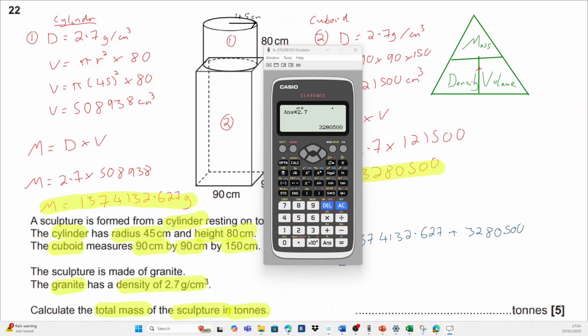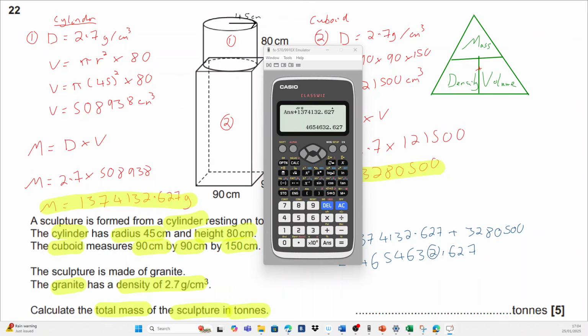That gives you a total. So we're going to go and take this number, and we're just going to go and add on that 1374132.627, and we get this number here, which is 4654632.627.